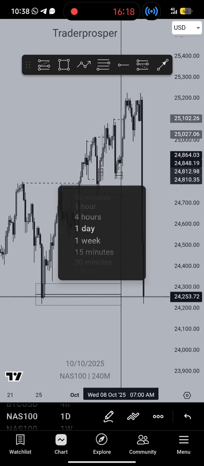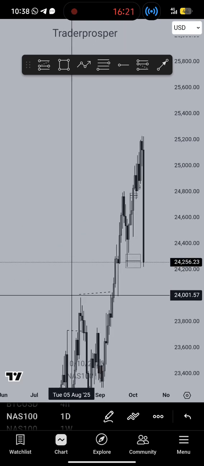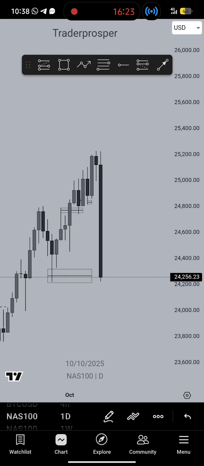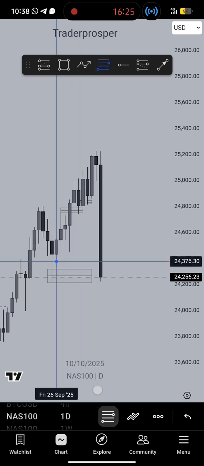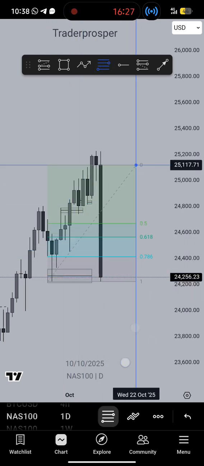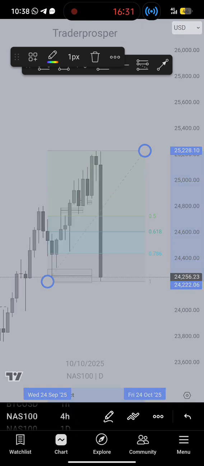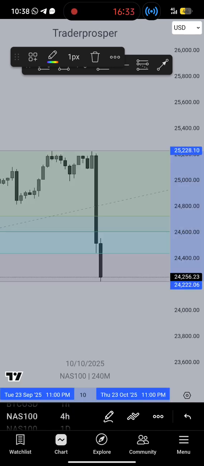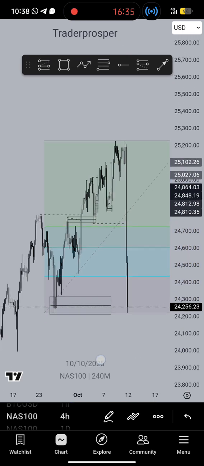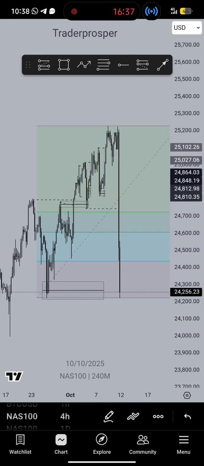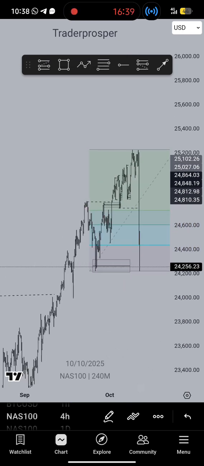Sorry, if you go to the daily, you see that market has already come to our daily range from this low to this high. So what we'll be looking out for is a switch in market direction to continue the uptrend. Okay, if we don't get it, then we know that we are reversing on the weekly.